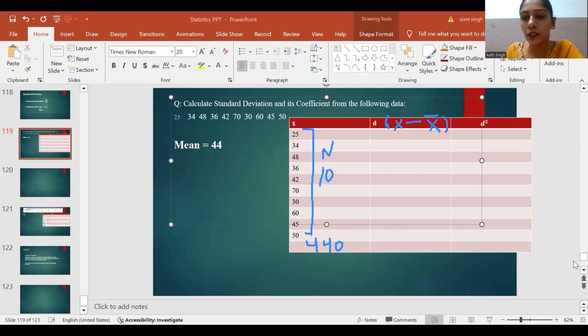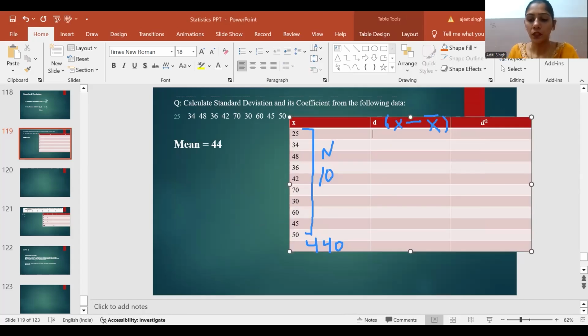25 minus 44, that is minus 19. So while calculating d, we will consider the sign of minus. What I have told you is that when we calculate mean deviation, we will ignore the sign of plus and minus.